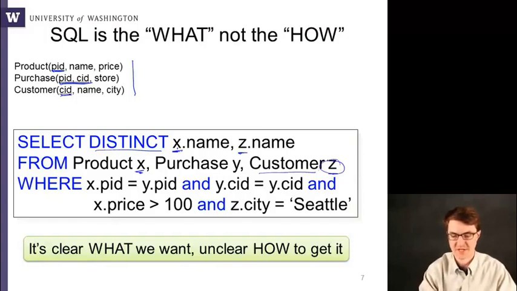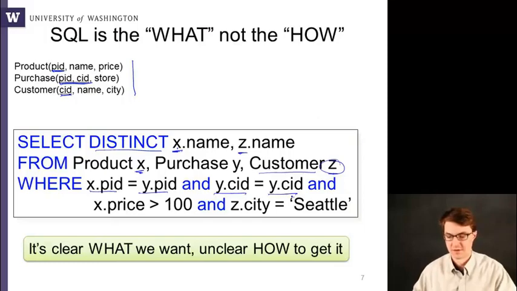From these 3 tables, where the product ID in the product table matches the product ID in the purchase table, and the customer ID in the purchase table matches the customer ID in the customer table. And that's a typo, it looks like. That should be Z. So maybe change that on your own slides. Yeah, let me see if I can fix it now.